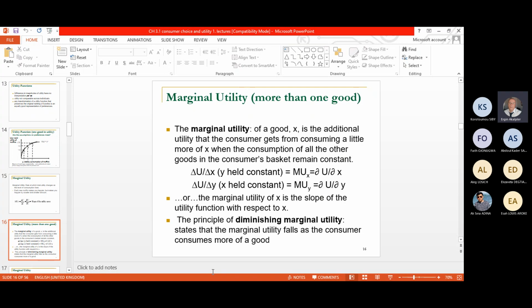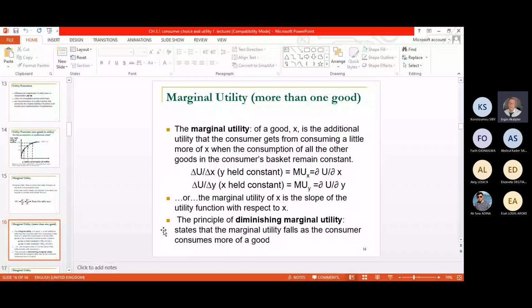Delta U over delta X, with Y held constant, and the marginal utility of X is delta U over delta X. The marginal utility of X is the slope of the utility function with respect to X, as I mentioned to you. And the principle of diminishing marginal utility states that marginal utility falls as the consumer consumes more of these goods, as I mentioned for the water example.